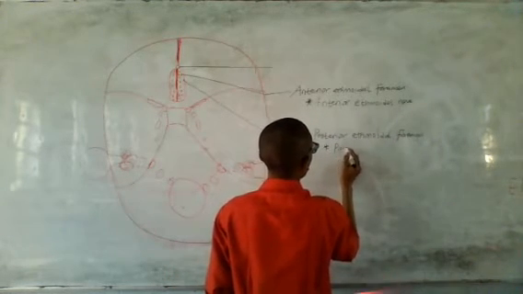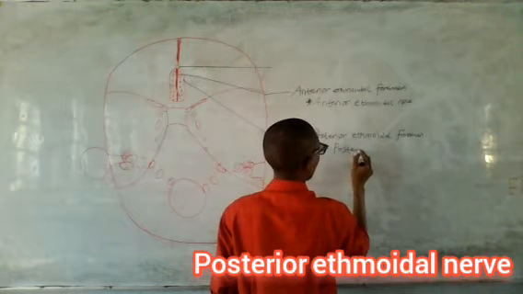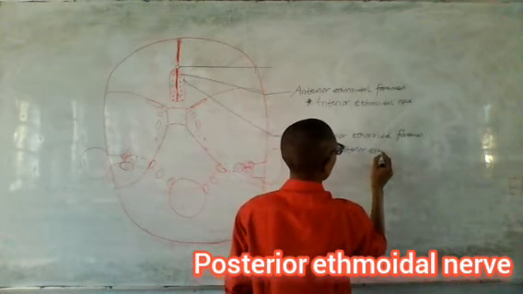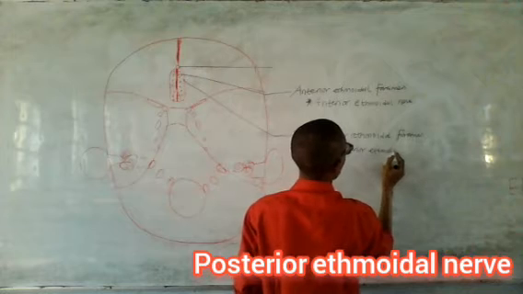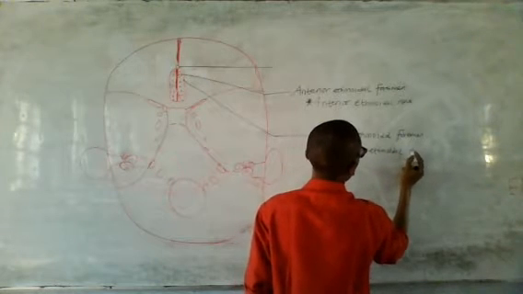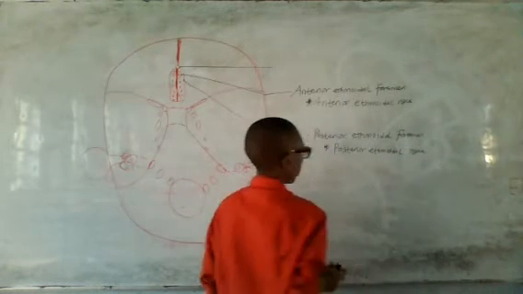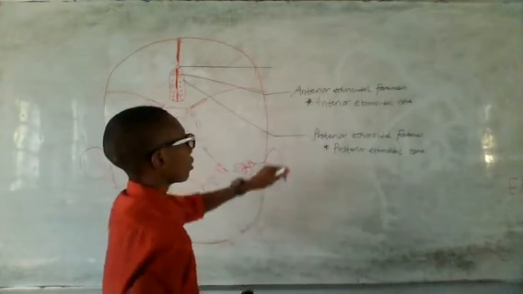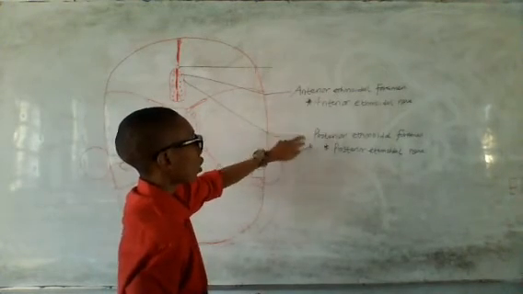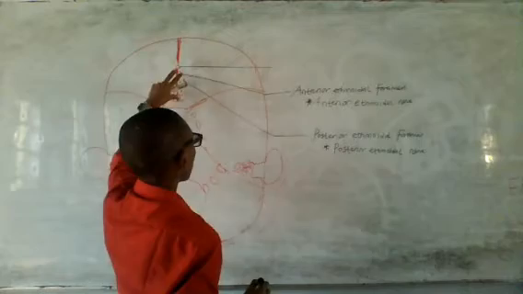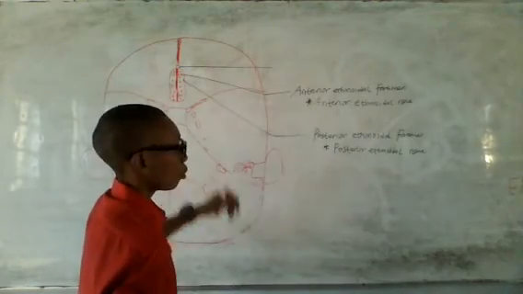The structure passing through it is the posterior ethmoidal nerve. So these are the two out of the three that you can find in the cribriform plate.